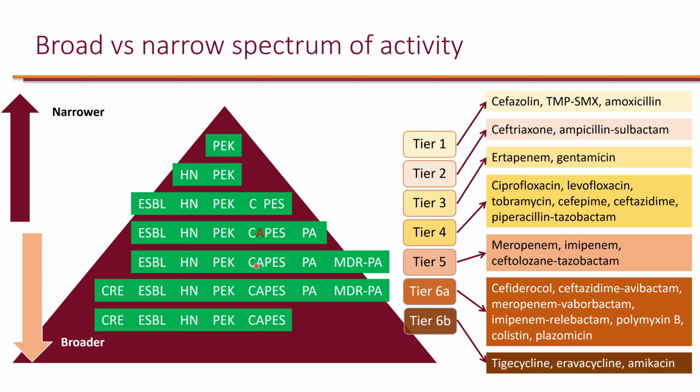And even at tier 5 and 6, even though I have A here for Acinetobacter, you really need to check for susceptibility, because Acinetobacter may or may not be resistant to these agents, because again, it's really easy for Acinetobacter to develop resistance to multiple classes of antibiotics.